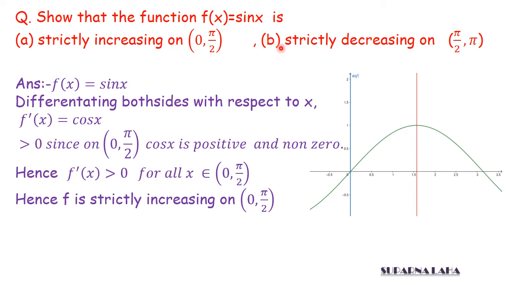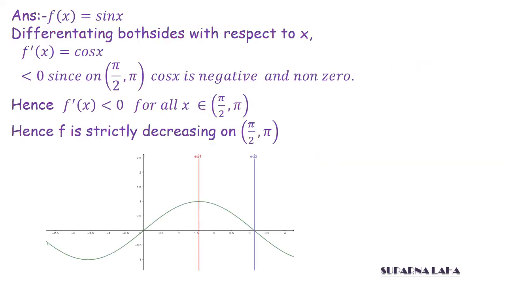Check this next one, that is, strictly decreasing on pi by 2 to pi. We have to show that the function sin x is strictly decreasing on pi by 2 to pi. Now if we differentiate this function f x, then f dash x is cos x. Now what is cos x? Cos x in the second quadrant is negative.